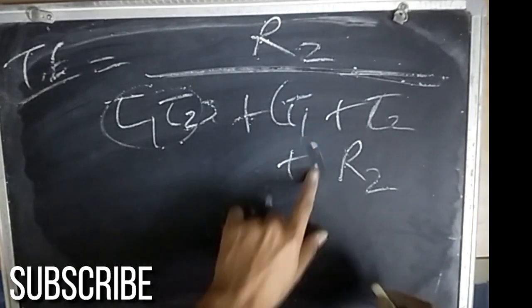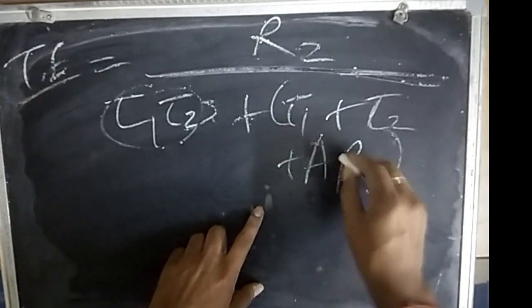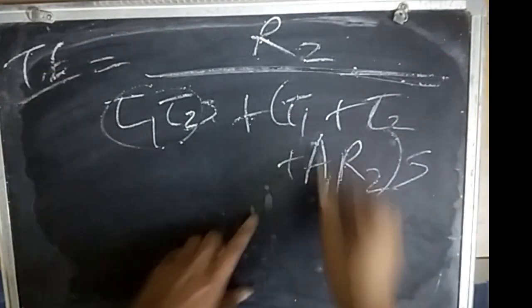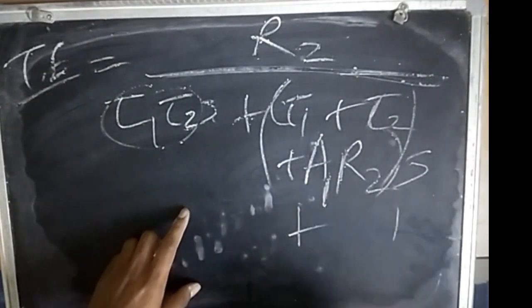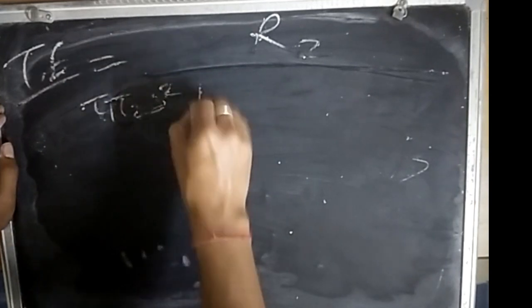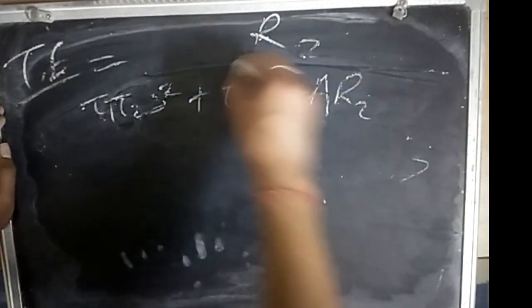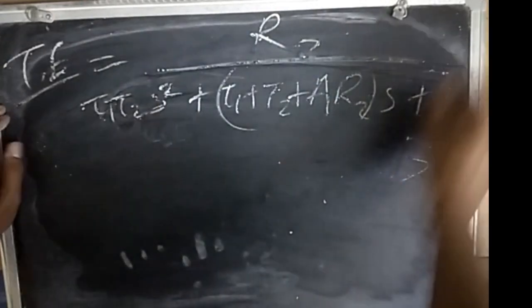But if we write a2, then this would become tau 2. So we will write a1 here, a1 r2, into s, plus 1. Let me write it like this: tau 1 tau 2 s square plus tau 1 plus tau 2 plus a1 r2 s plus 1.